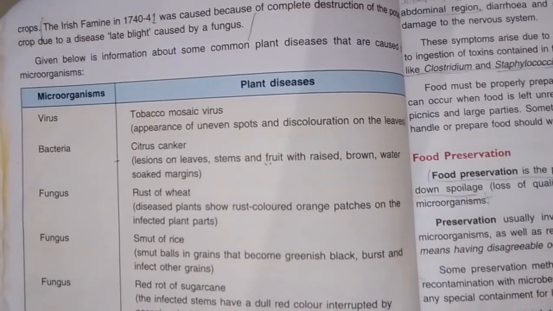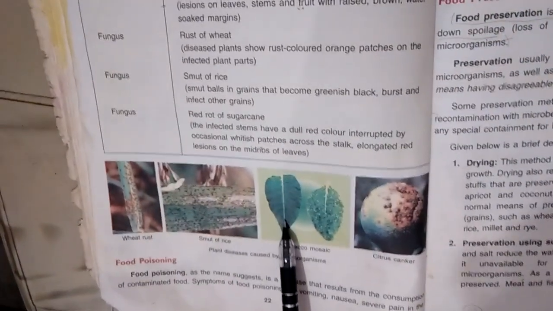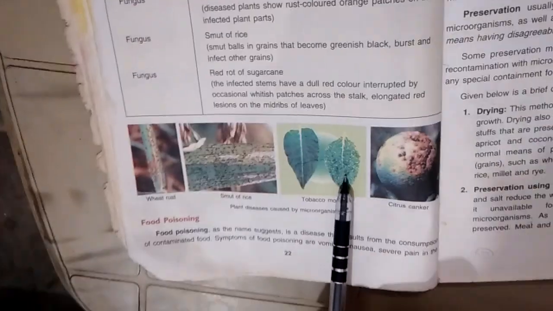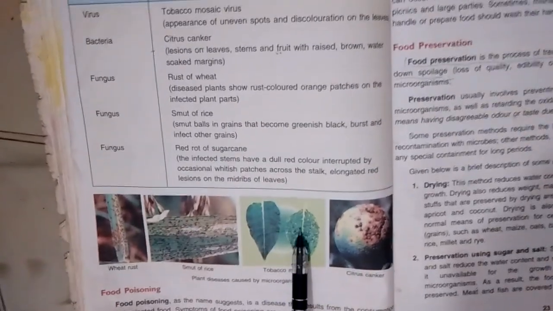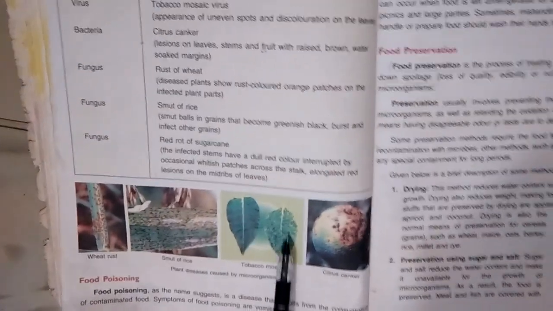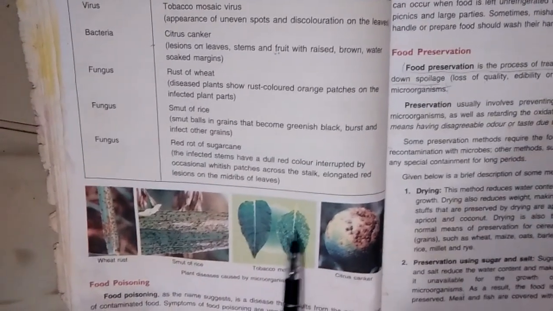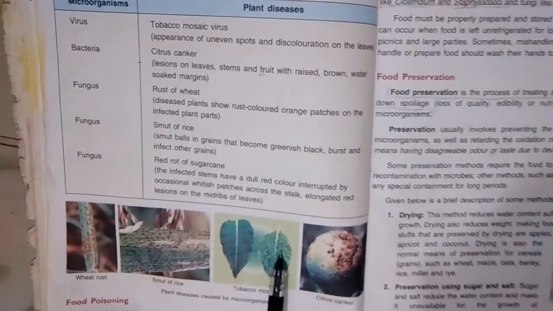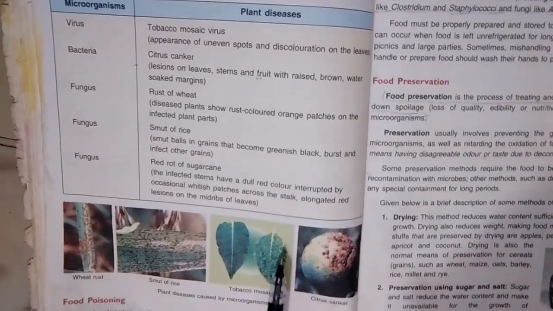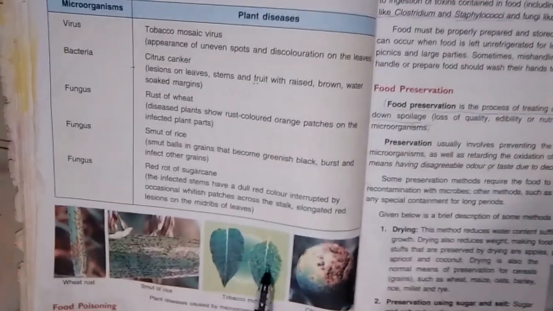See here in the diagram, tobacco mosaic: here are the normal leaves and here are the infected leaves. These leaves become infected due to the virus, and you observe the uneven spots, and the green color changes to greenish yellow. So it is the tobacco mosaic virus.